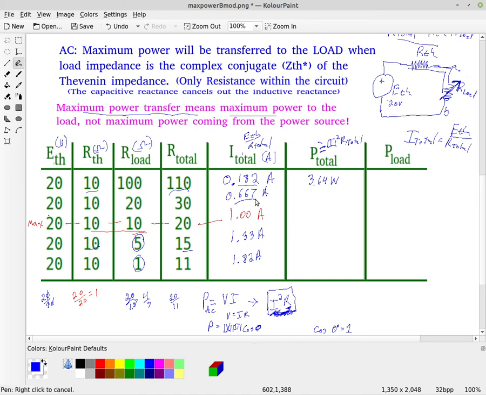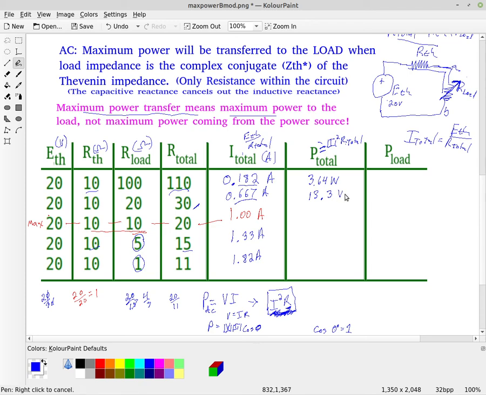Okay, and in the next case, we're going to take I squared times the 30 ohms. This 0.667 is actually 0.6666666 amperes. Square that, multiply it times 30, and that's going to give me 13.3 watts.